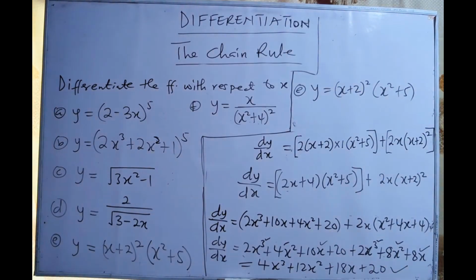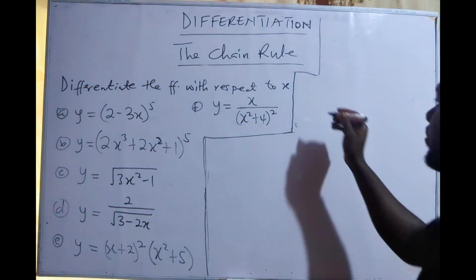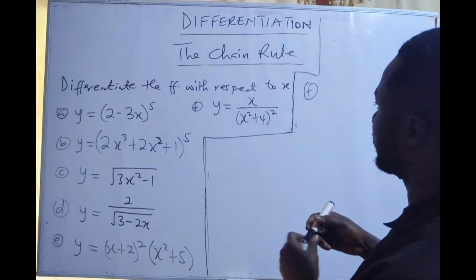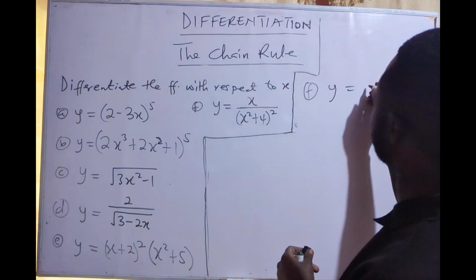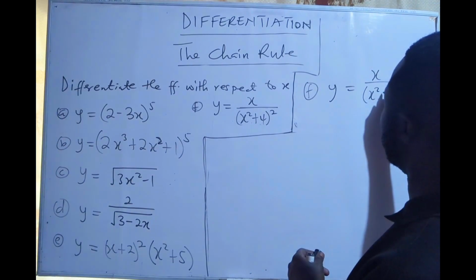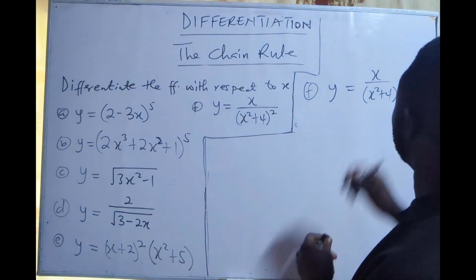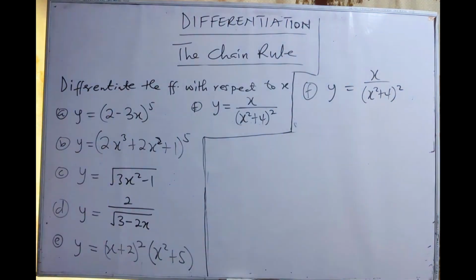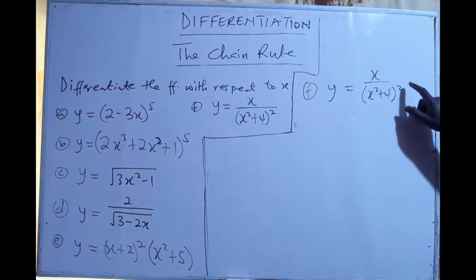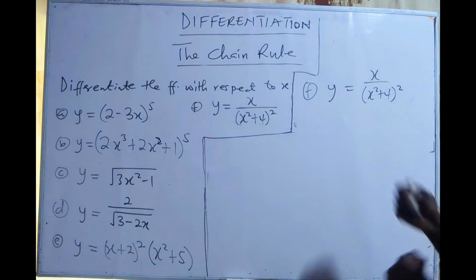Alright. The last one, y is equal to x over (x squared plus 4) all squared. Okay, so to solve this, let's take the denominator to the numerator.